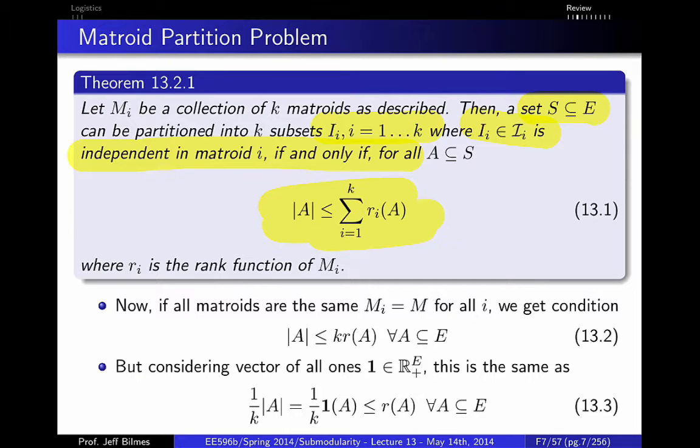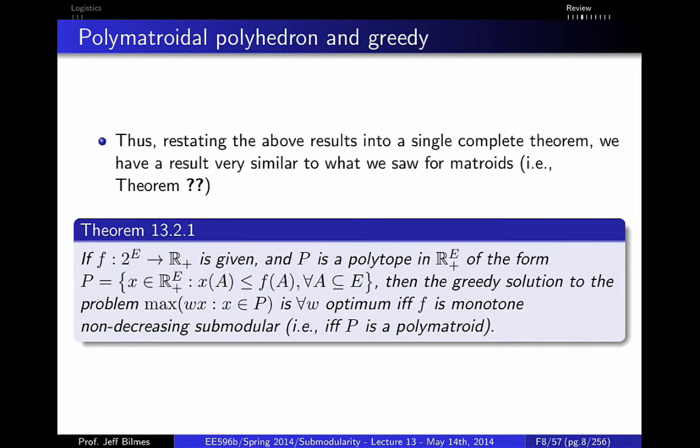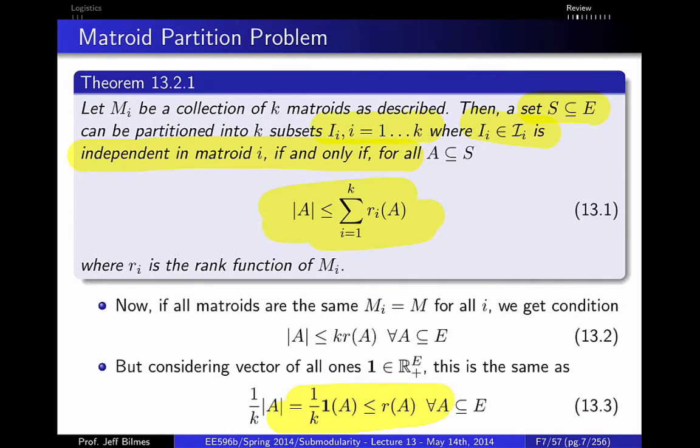In particular, this turns out to be a submodular function minimization problem. If it's only one matroid, basically we're asking whether the vector with all entries 1 over k is a member of the matroid polytope. And that's a submodular function minimization because sums of matroid rank functions are submodular.